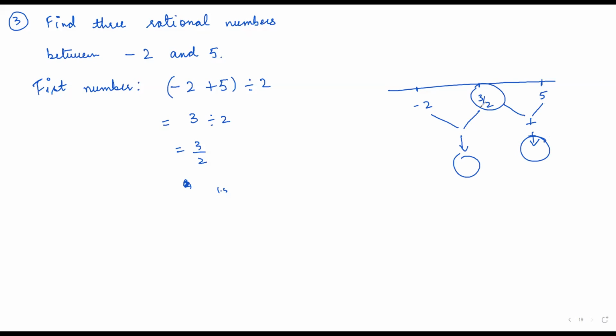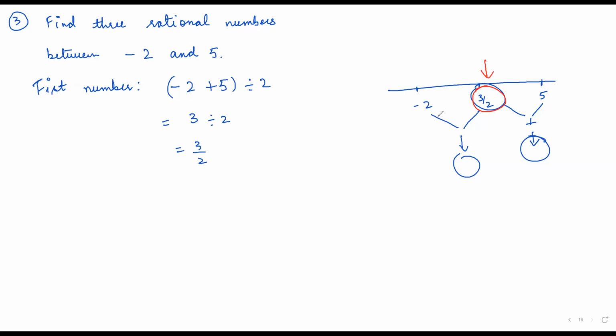Yes, ma'am. Is this clear, Zainab? Yes, ma'am. Okay. So the first number is this 3 by 2, which I have found between -2 and 5.